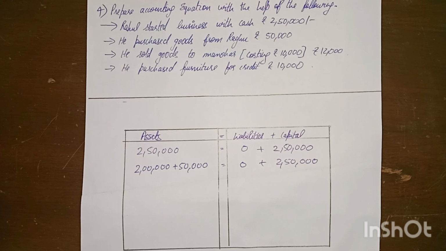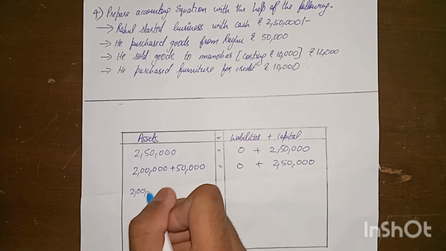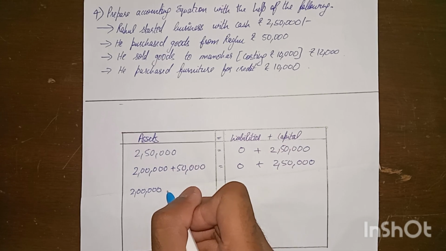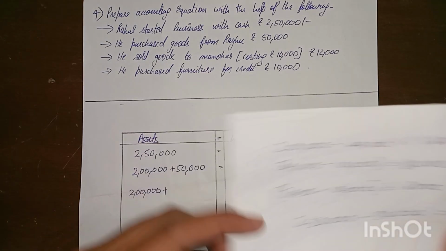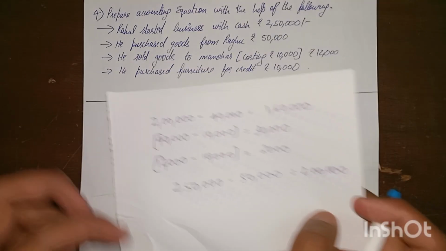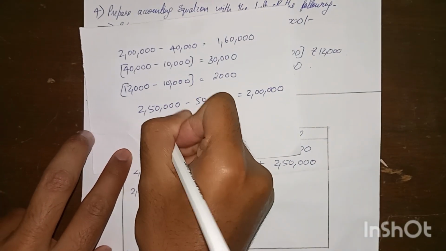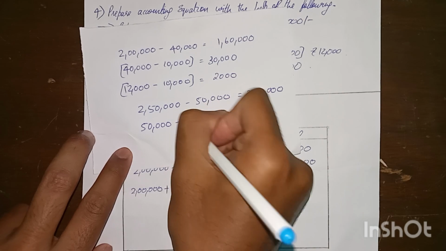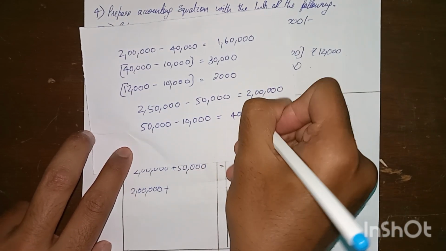He sold goods to Manohar costing 10,000 for 12,000. First we'll write here 2 lakh, which is our cash, plus we will subtract first 10,000 from 50,000 goods purchased. 50,000 minus 10,000, which will give us 40,000.